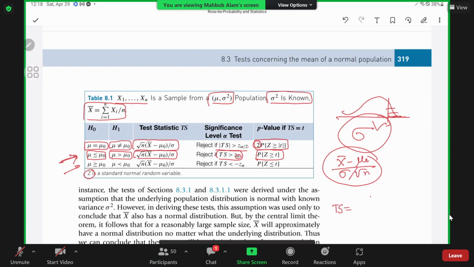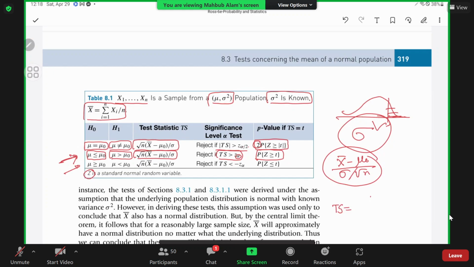And this quantity is t distributed with n minus 1 degrees of freedom. In that case, a similar table exists in the text. Everything is similar, just with changes. Here this test statistic is calculated using s instead of sigma. You cannot use Z alpha by 2.